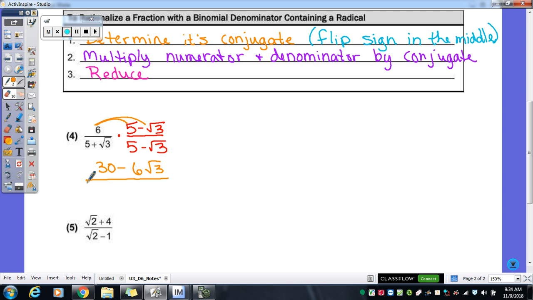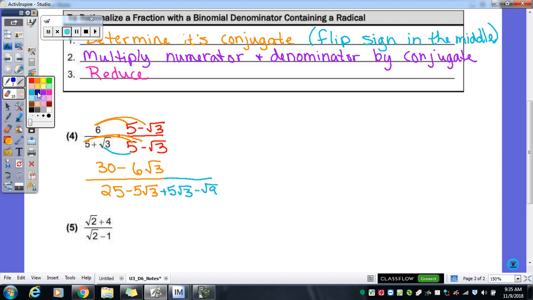For the bottom, 5 times 5 is 25. If I distribute here, I get a negative 5 radical 3. Distributing that other radical 3, I'd get a positive 5 radical 3, and then a minus 9, or radical 9.